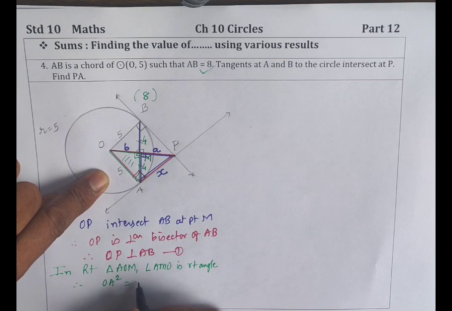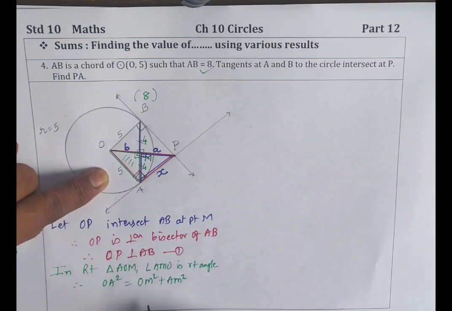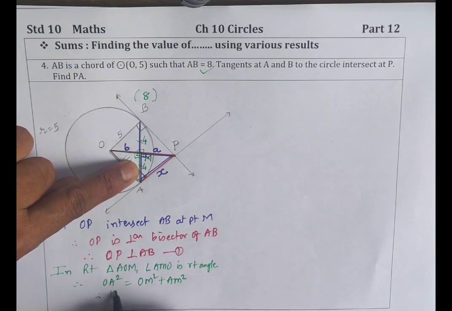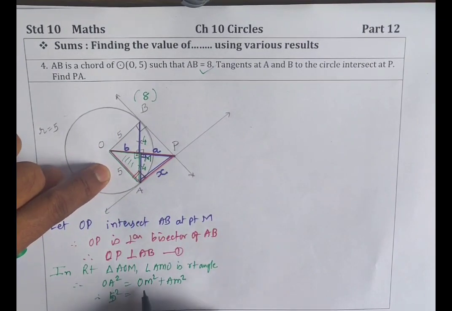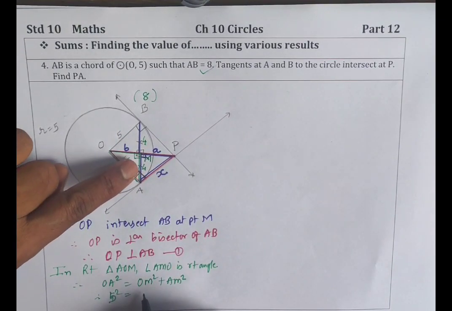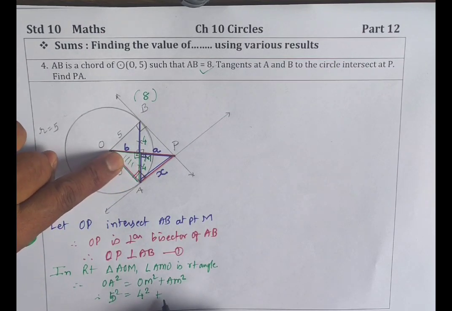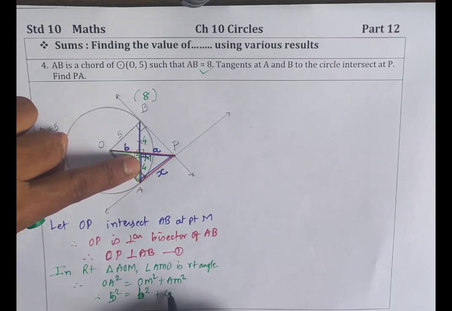So square of OA will be OM square plus AM square, correct? Okay? Okay. Now what is OA? Sorry, OA is here, it is 5 square. Plus OM, that is B square. And AM, that is 4 square.